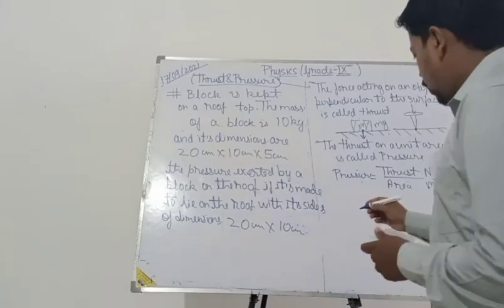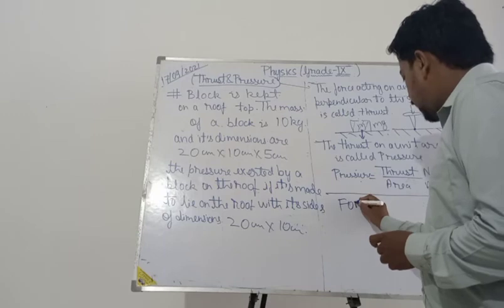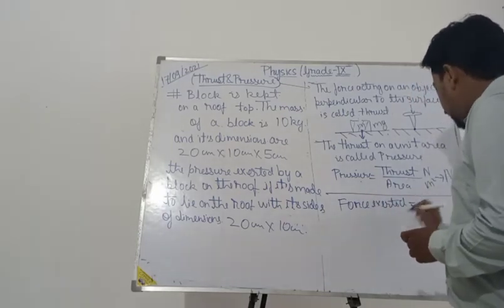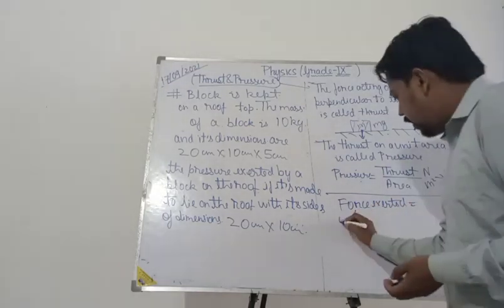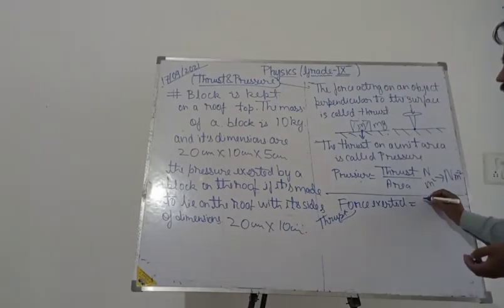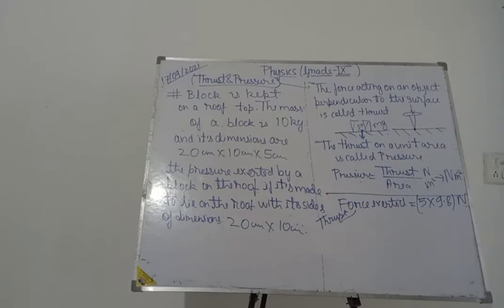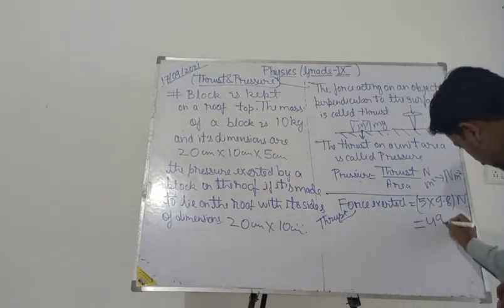The force exerted by the block will be the thrust, and this will be equal to the mass of the block, 5 into 9.8. This will be in Newton, because we know the value of force is in Newton, and this comes out to be 49 Newton.